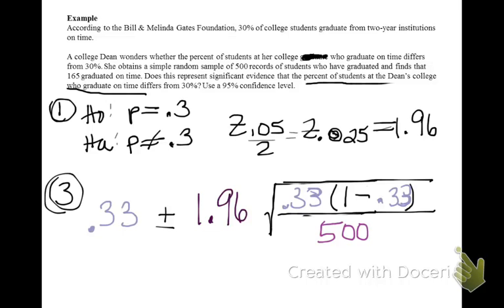If you do 0.33 minus 1.96 times this square root, you will get back 0.28. And if you do 0.33 plus 1.96 times this square root, you will get back 0.37. This is our 95% confidence interval. We're now ready for the fourth step, make a decision.